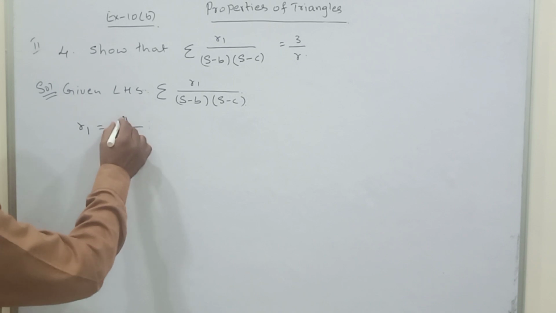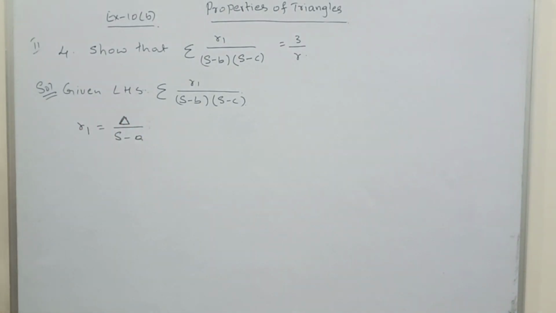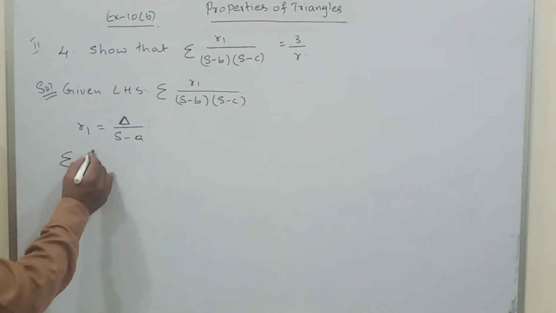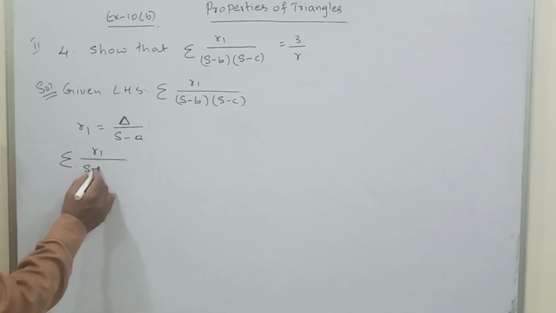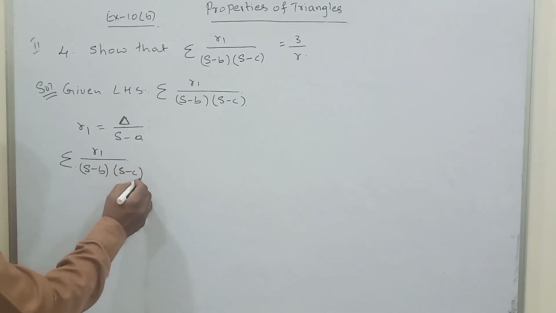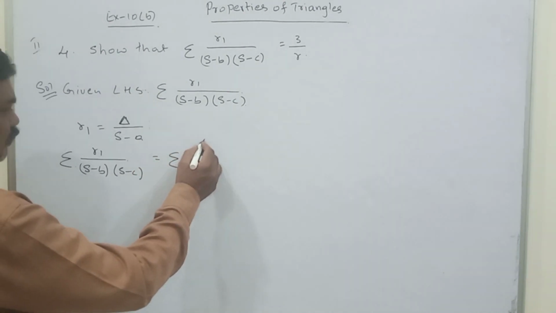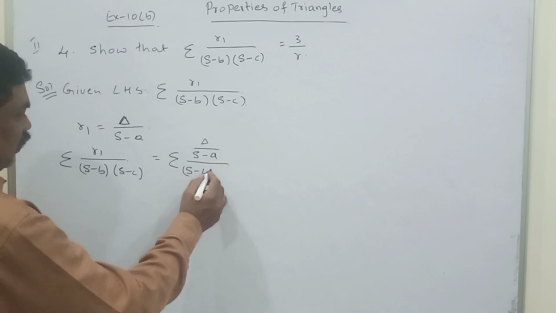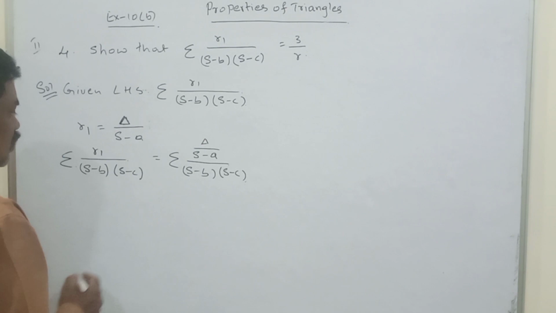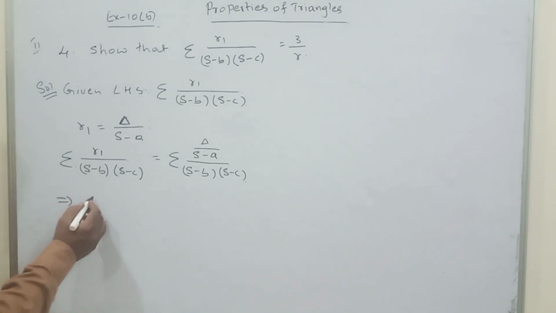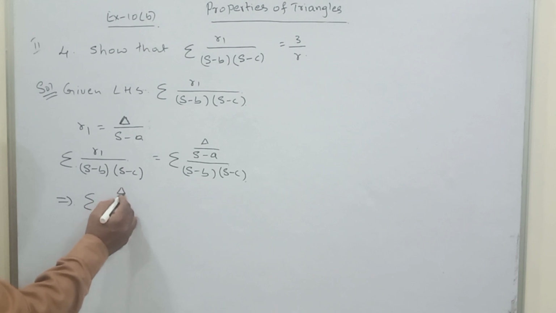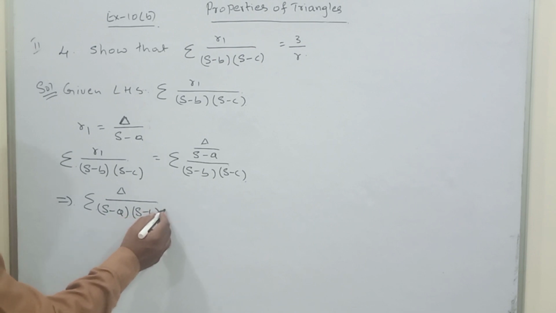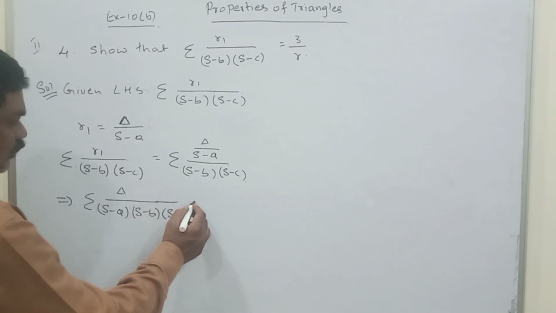Delta by S minus A. Then sigma R1 by S minus B into S minus C is equal to sigma delta by S minus A by S minus B into S minus C. This implies you can write as sigma delta by S minus A into S minus B into S minus C.